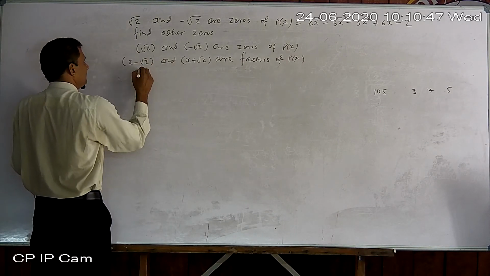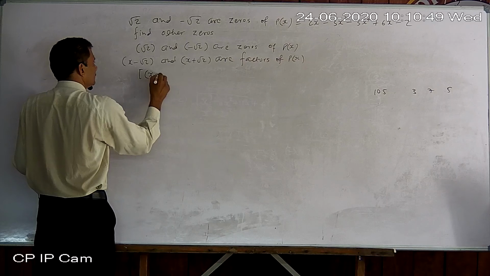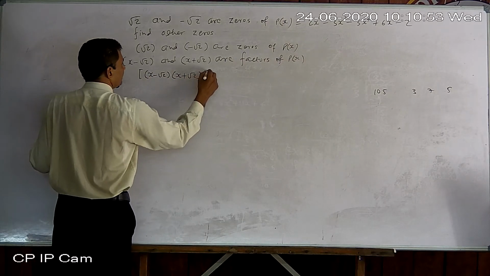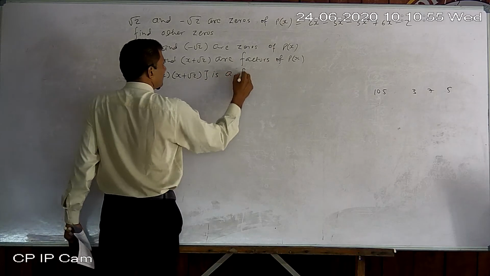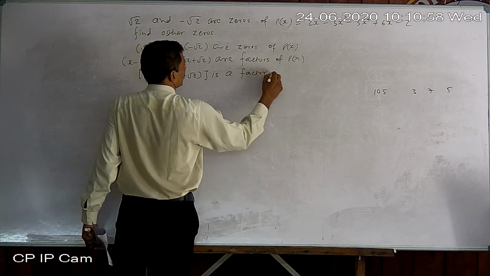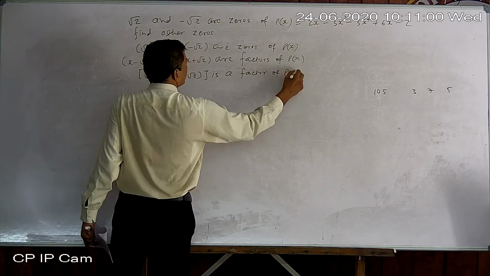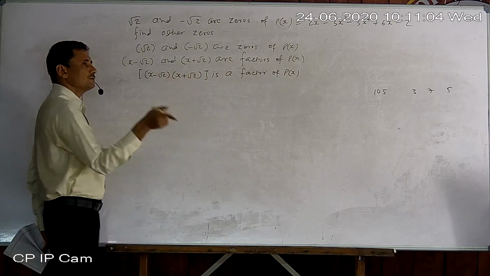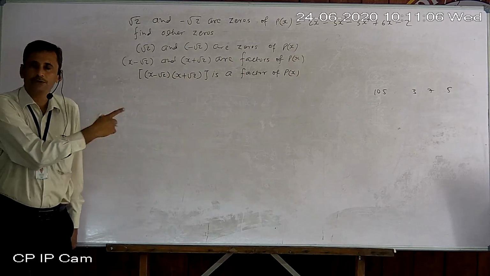Okay, so I can say x minus root 2 and x plus root 2, the product of both, is a factor of P of x. So if two are individually factors, then their product is also a factor of the given polynomial.